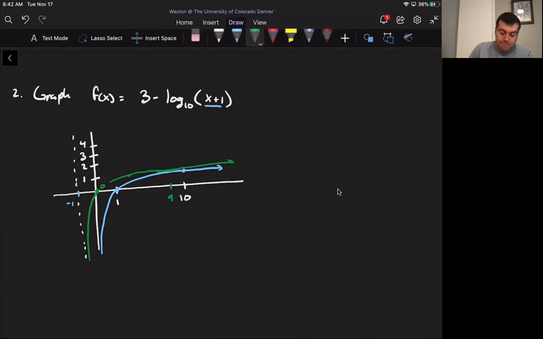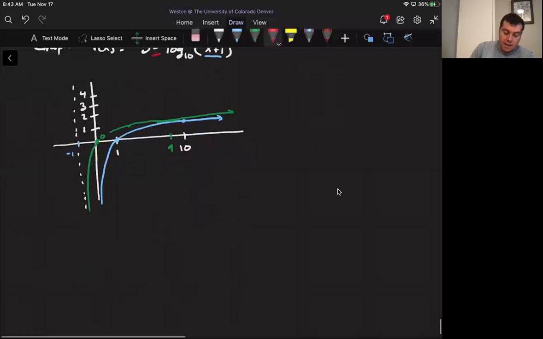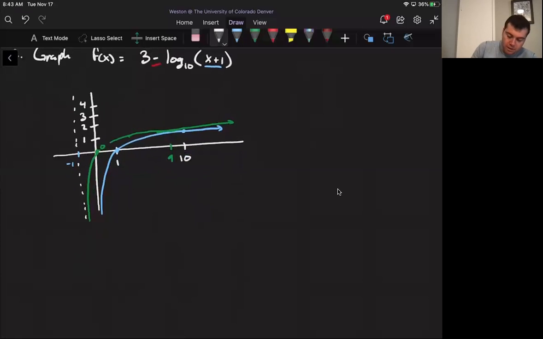The next thing we have to handle is this minus sign. And so if we remember, the minus sign just tells us to reflect. And I'm actually going to do a new axis for the next curve. This one won't be too hard to reflect because it passes 0.